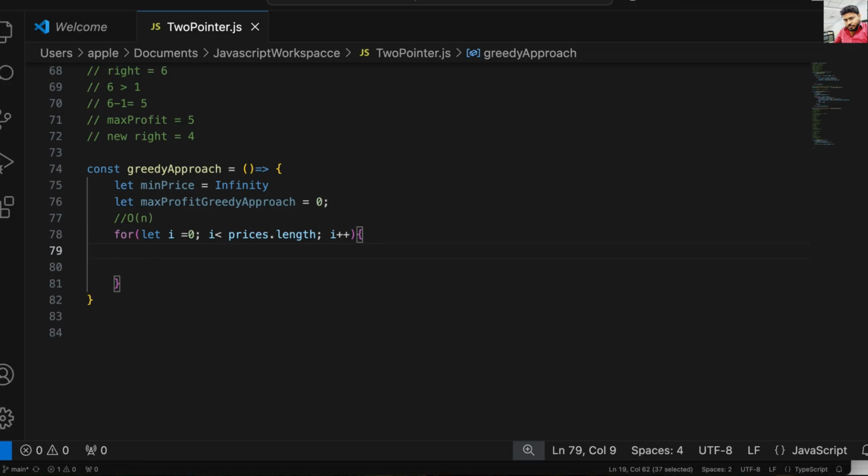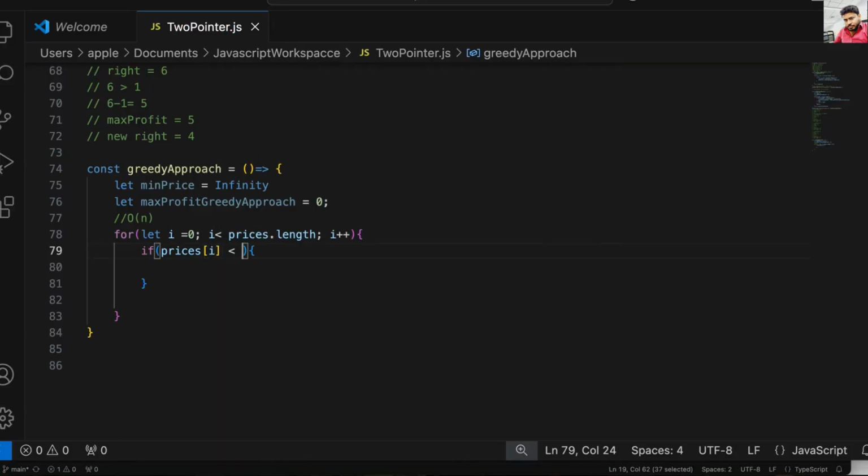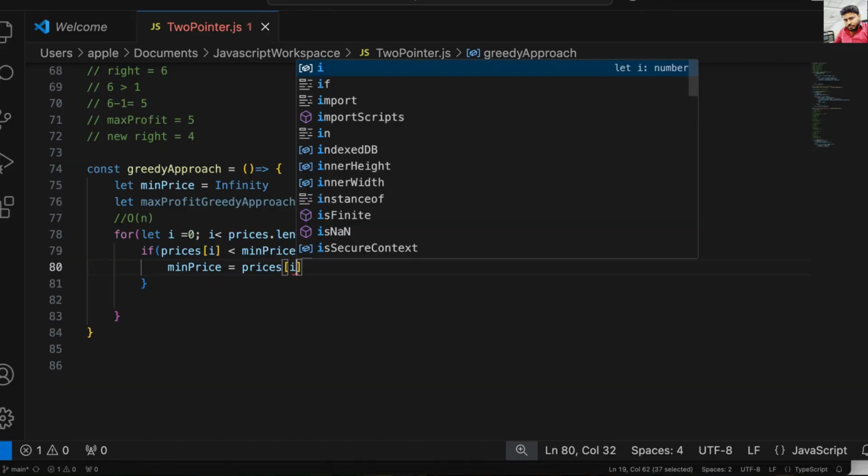Now we are going to add the main logic with prices of i. We are going to check the minimum price. If this is satisfied, then our current price is the minimum price, so I am just updating the minimum price value here as the current price.